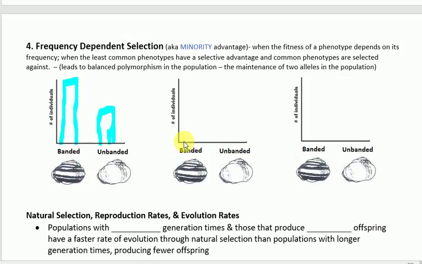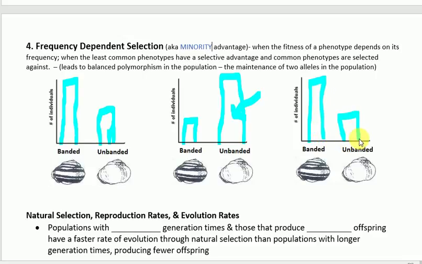Since it's being eaten, this population decreases. These unbanded are not being eaten, so their population increases. Well, now this will be selected against. So we are going to have a shift, and once again, the populations are going to change. And this can go on for quite some time.